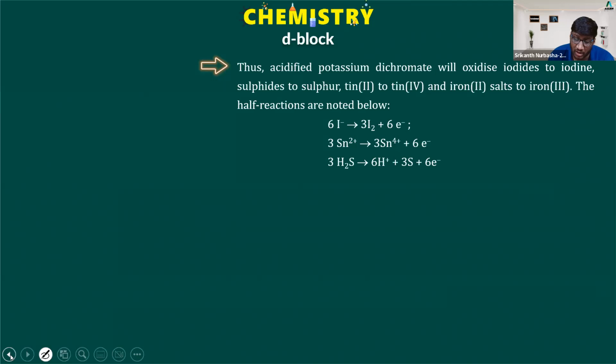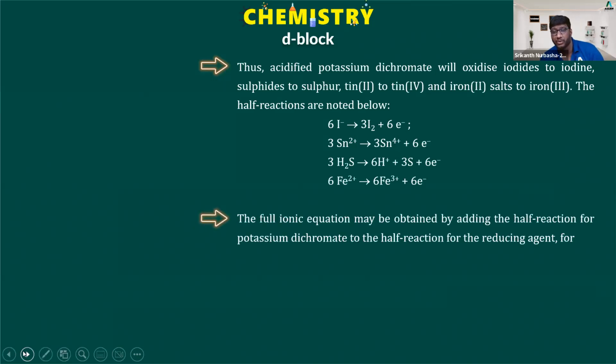And why is it a stronger oxidizing agent? Can K2Cr2O7 act as a reducing agent? Chromium is already in its highest possible oxidation state.